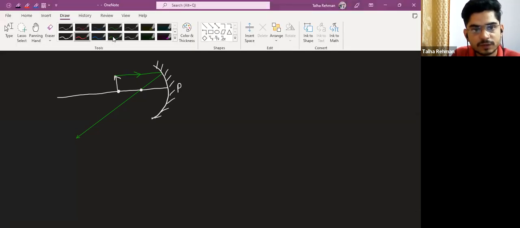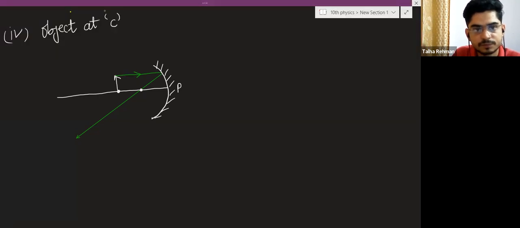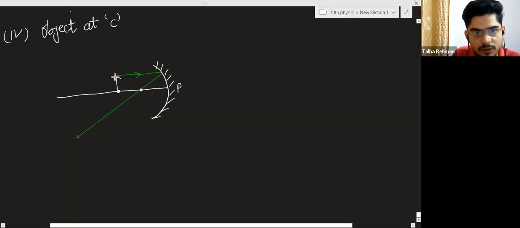We should take the same color. Now this time from this object, the ray of light is passing from focus.